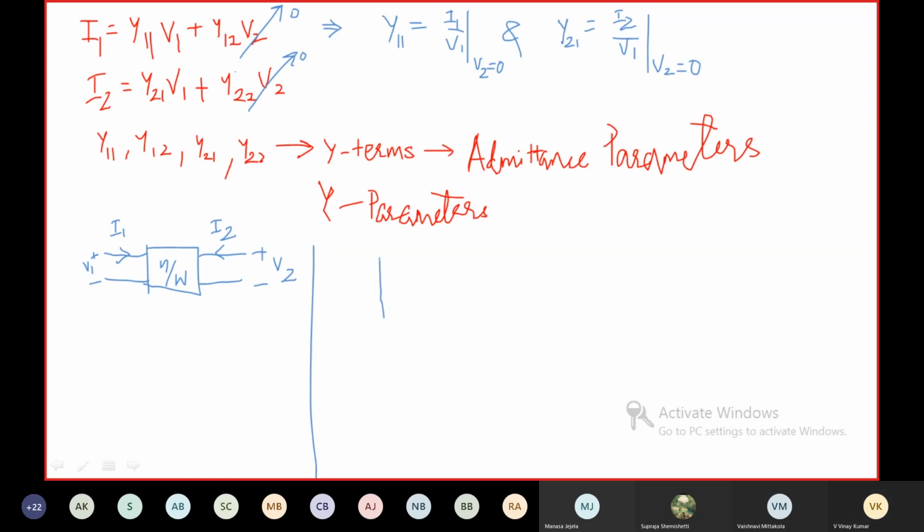So making V2 0 means short circuit this port 2. If you short circuit port 2, then V2 becomes 0. Anyhow, I2 will be flowing, right? Then here, this will be V1 and this will be I1.